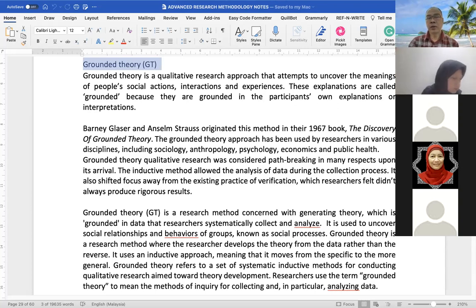And the other topic is structural equation modeling, which is one of the important data analysis techniques for PhD students doing quantitative research.